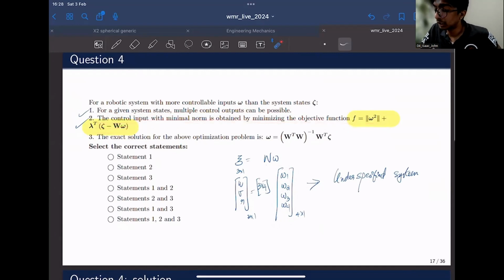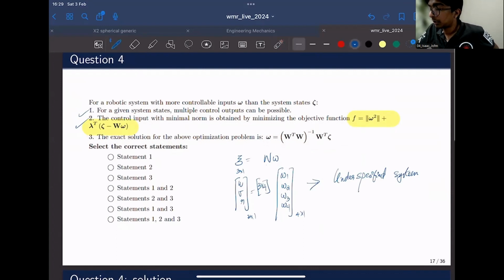And what does the third statement say? It says the exact solution for the above optimization problem is omega equals W transpose W, the whole inverse, W transpose zeta. So is this true or not? What inverse is this? And what pseudo inverse should we take for an underspecified system?